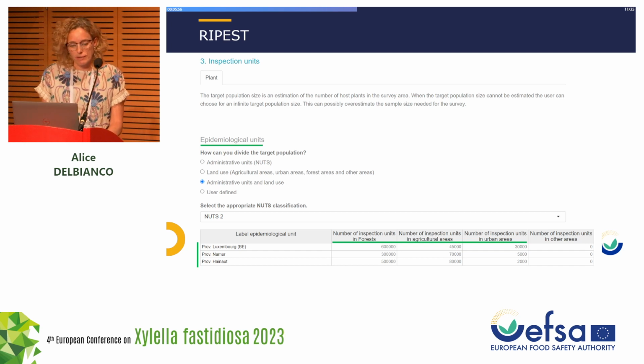So I divided my 3 provinces in Belgium in forest, agricultural, and urban areas. So in total, I have 9 epidemiological units. And for each one, I have to insert the number of host plants of Xylella fastidiosa that are present in each unit. And I put here some numbers. Of course, this is just an example.